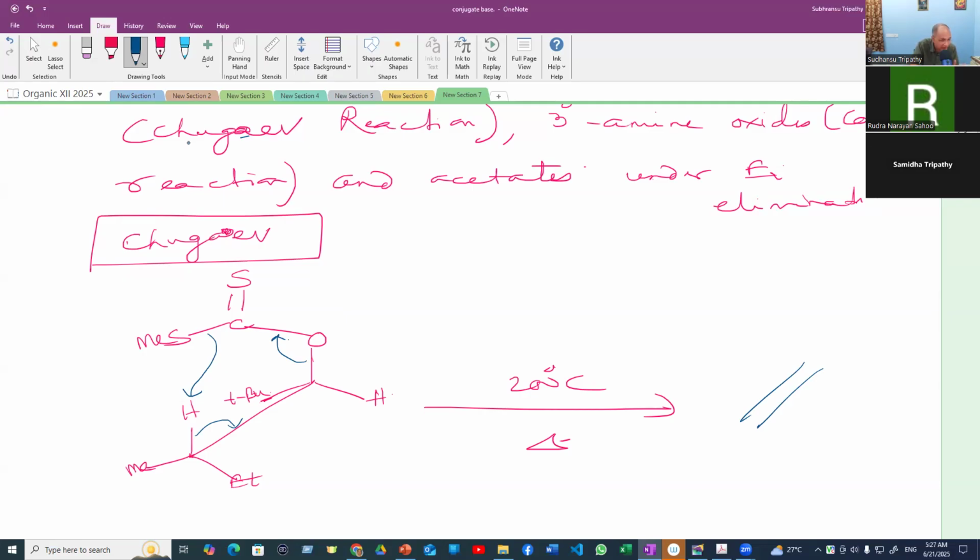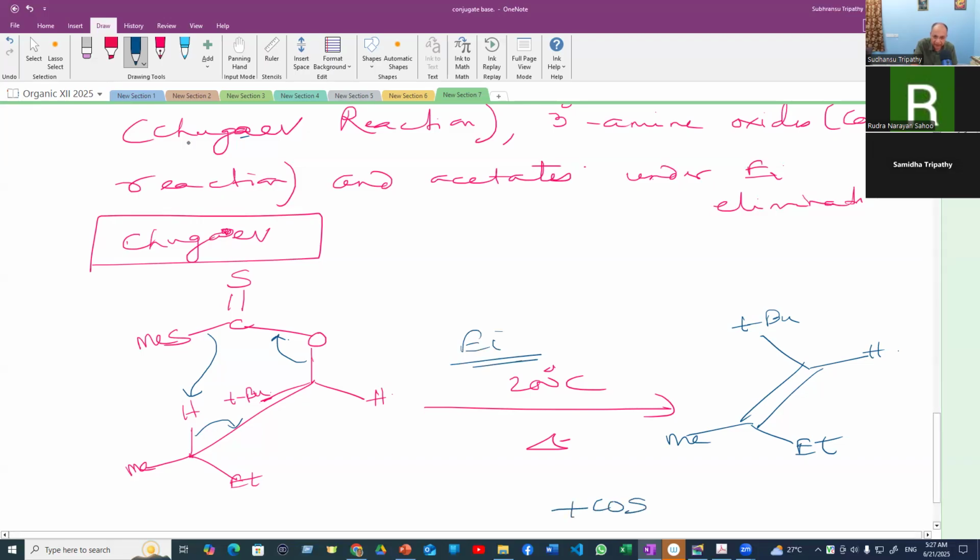That is why it is called syn elimination. It is named Ei because it is intramolecular and internal. There is no base to abstract a beta proton. There is no added base, only pyrolysis. So this is the alkene plus carbonyl sulfide plus methyl mercaptan or methanethiol.